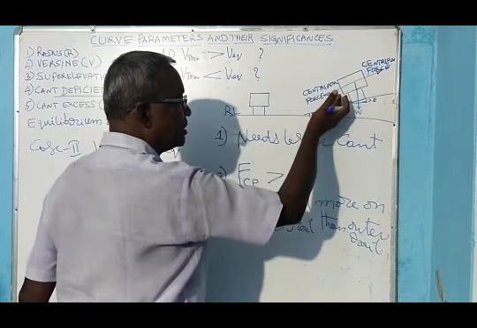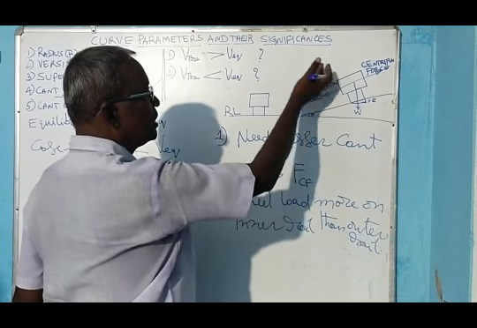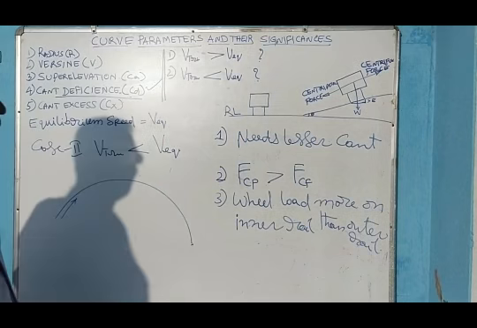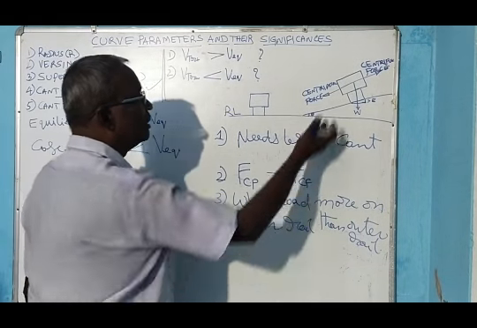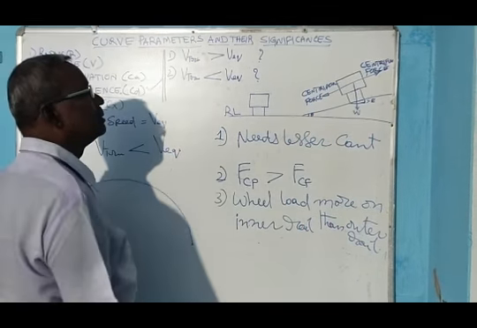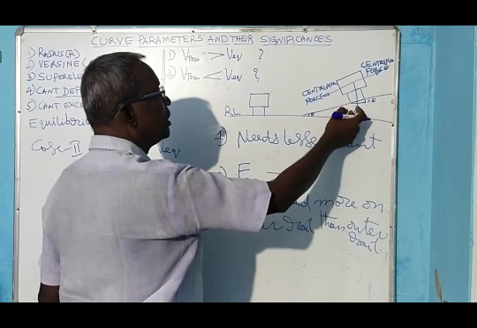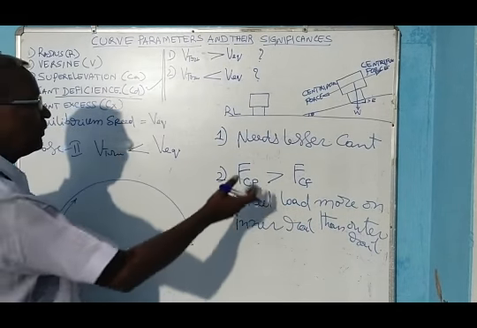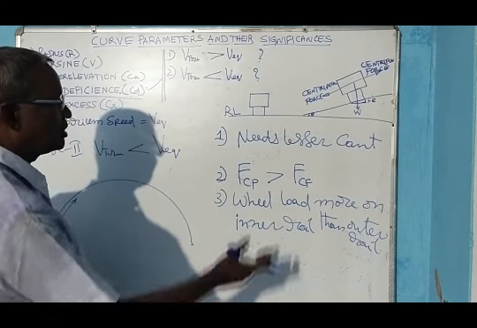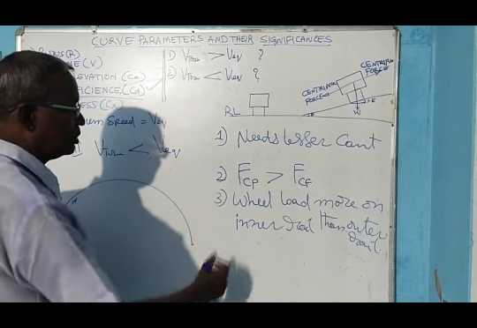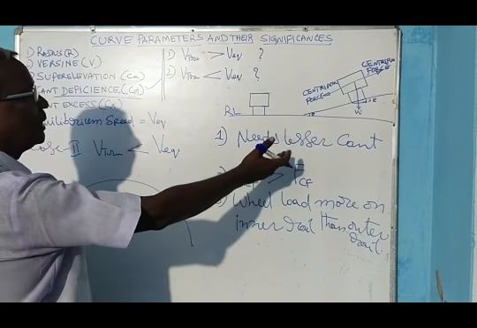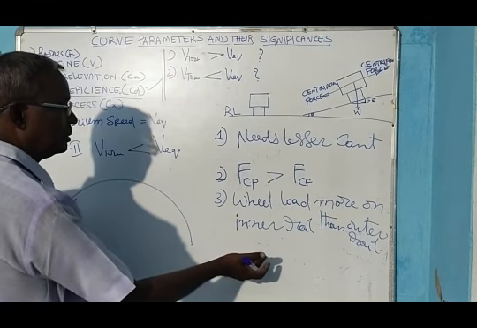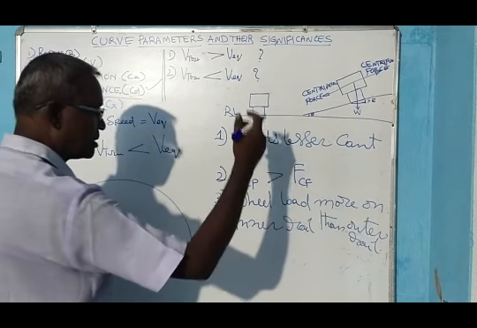Next, number 2, in these lateral forces the centripetal force is more than the centrifugal force. Number 3, when it is pulling inside, the wheel load is more on the inner rail than the outer rail. To nullify the adverse lateral forces and wheel loads, this cant is to be reduced. That reduced cant is called cant excess.